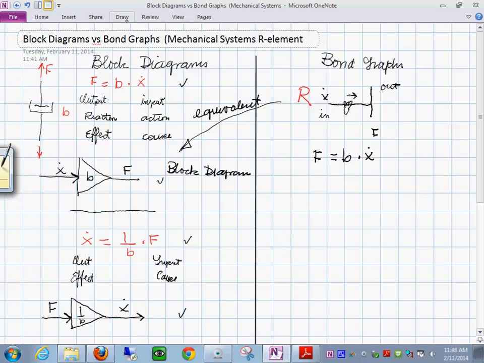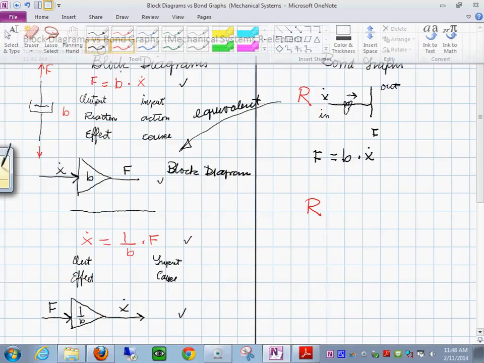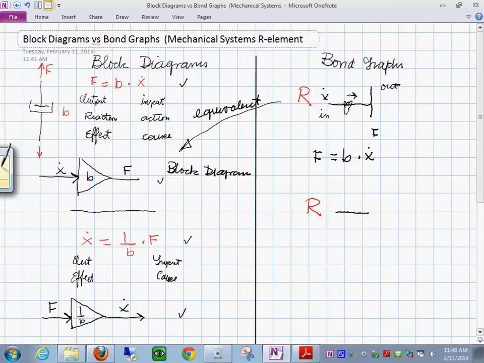And then you have the other one over here, if I draw it the other way, I have it like this. This is now F, this is in, and this is out. This is as if you have your hand again like this.